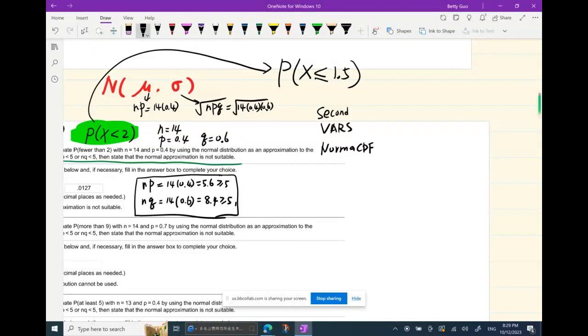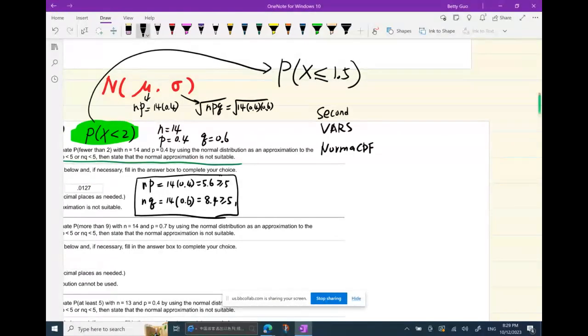Since the probability we are going to find is x strictly less than 2, that means 2 is not included. All right? Yeah, x can only assume 0 and 1. In that case, we're going to adjust the 2 to 1.5.